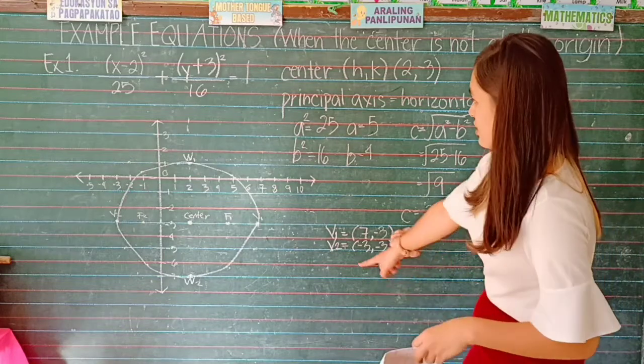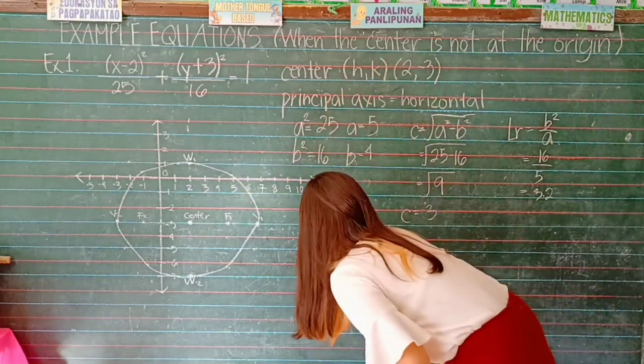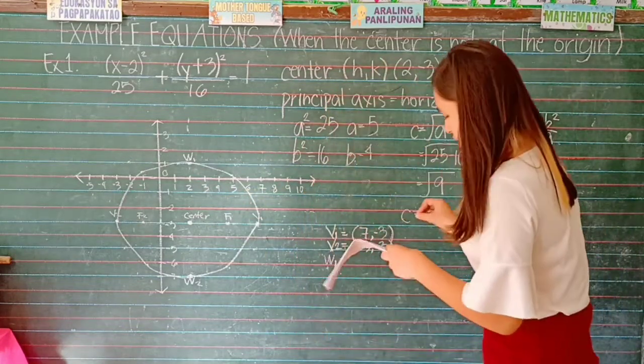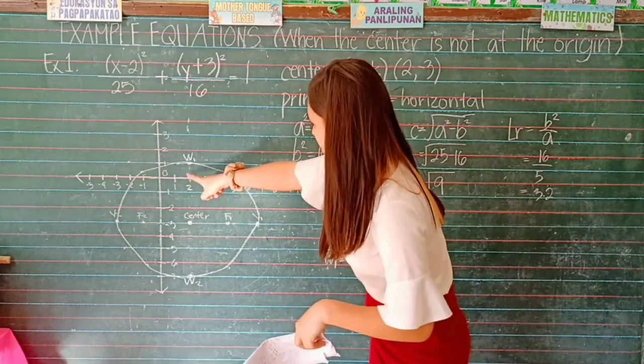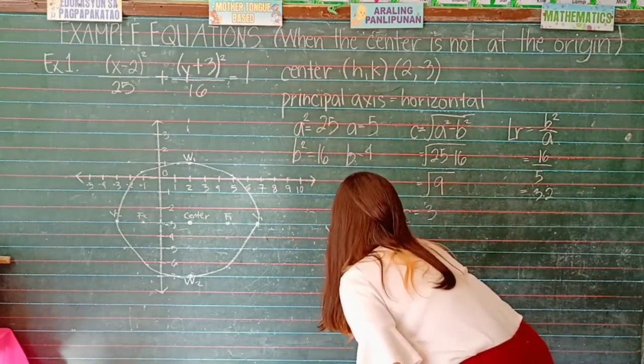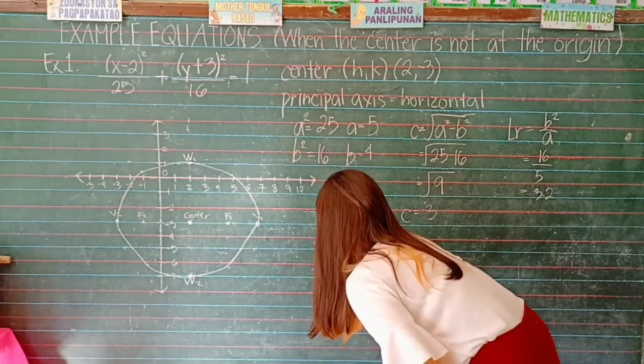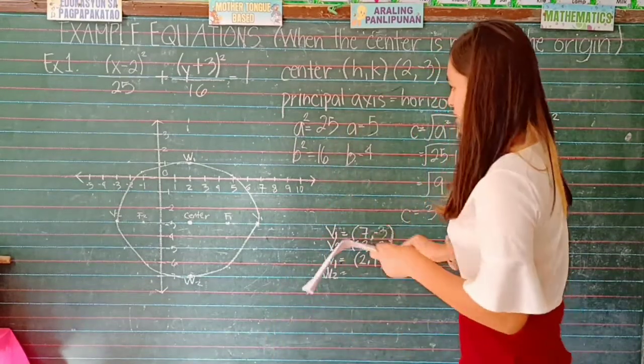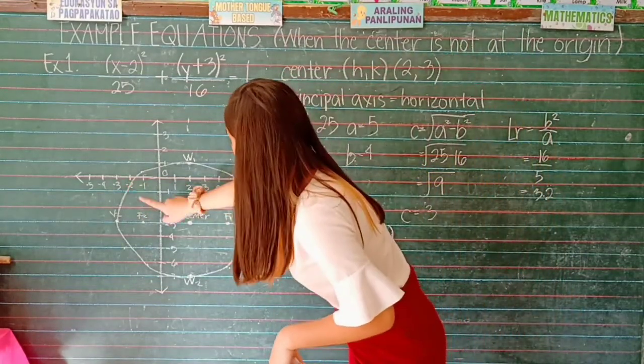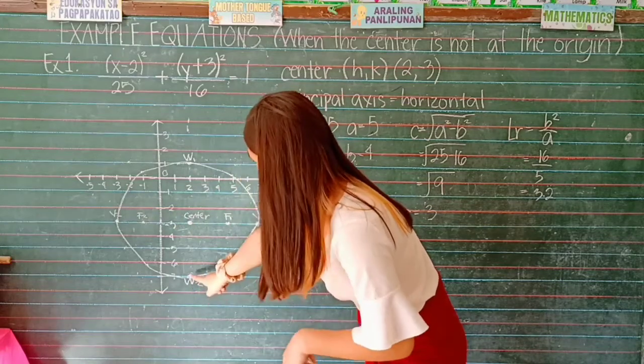W sub 1 is equal to positive 2 and positive 1. W sub 2 is equal to positive 2 and negative 7.